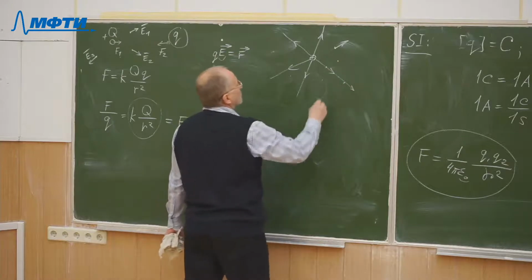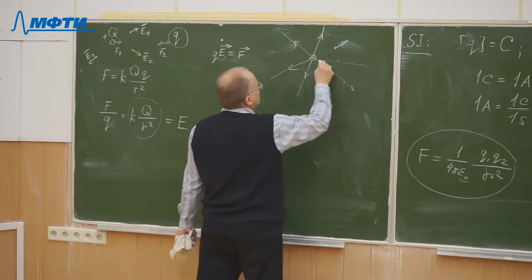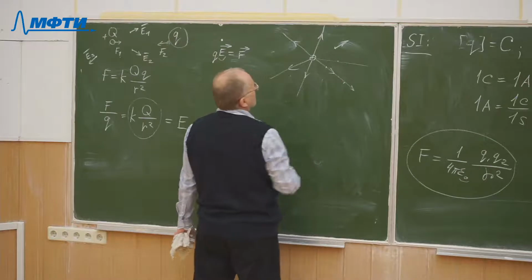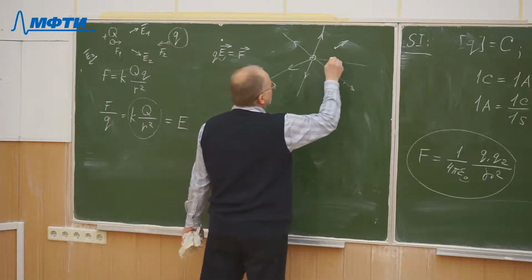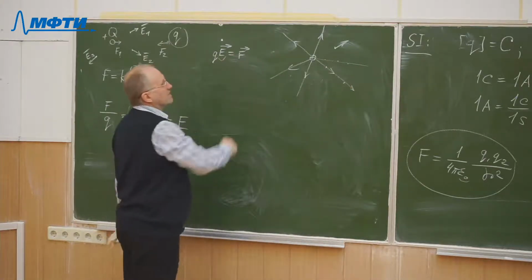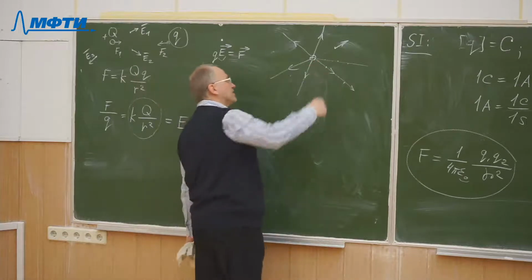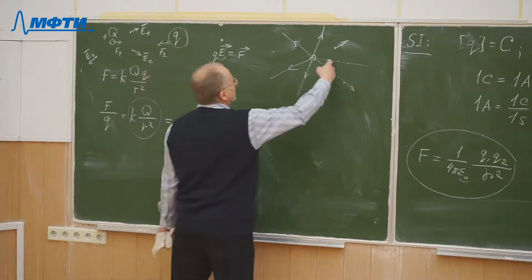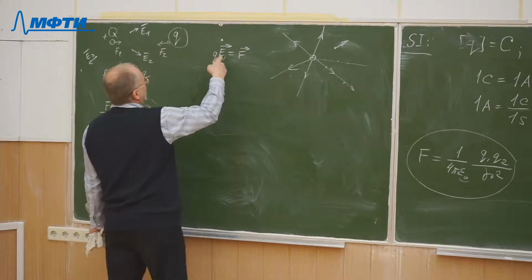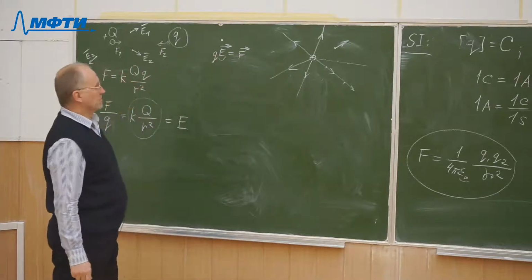We may choose a different point, and there will also be a field line going through this point, because at any point in space there is a force acting on a probe charge which is placed in this point, and hence at any point in space there will be a field strength, some vector of field strength.